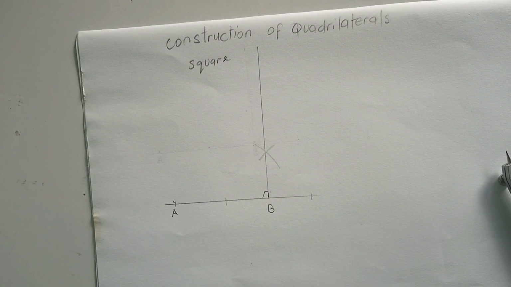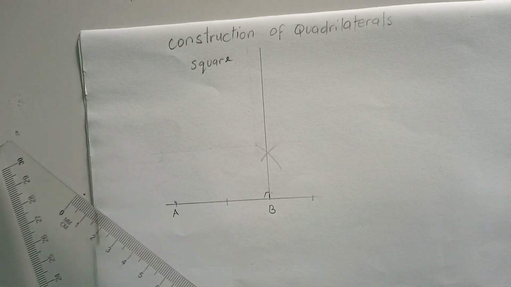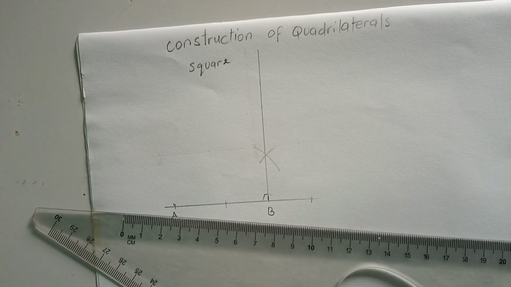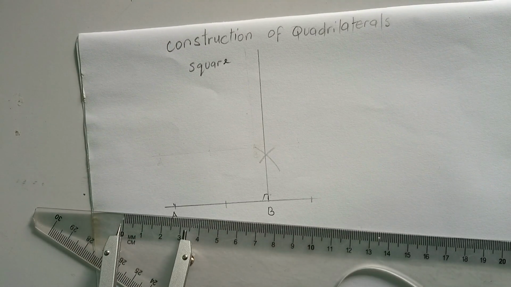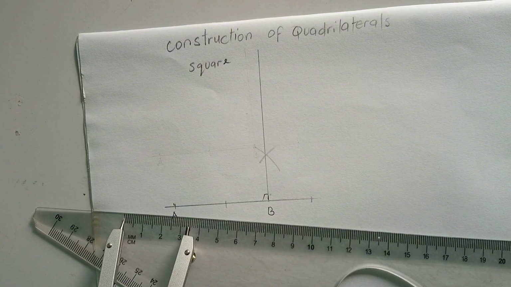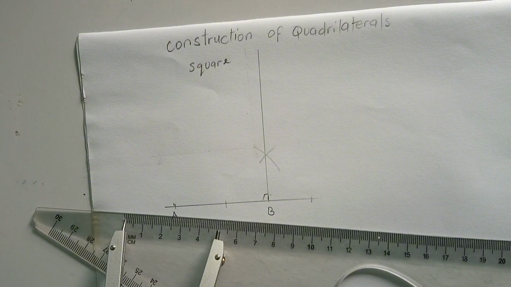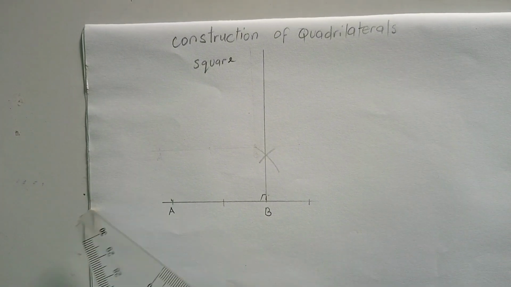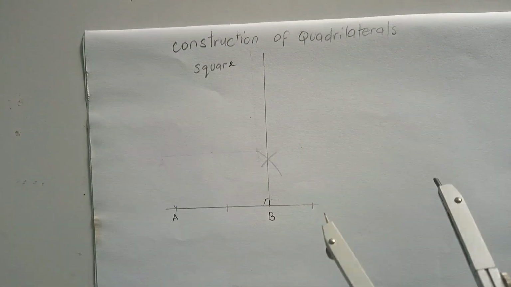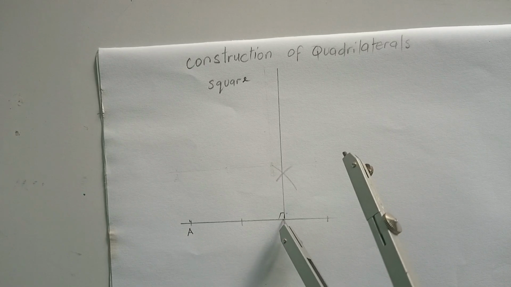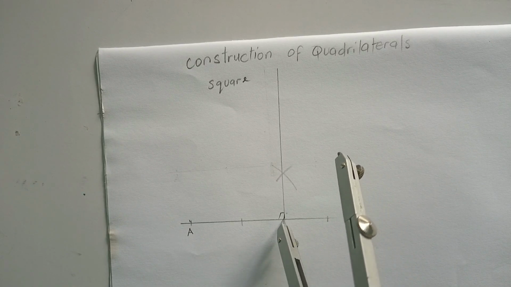We confirm our length once again by the use of our ruler. Stand there. We adjust it so that we get exactly 5 centimeters. Like that. Then we stand at this point here.